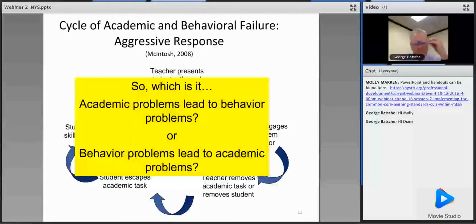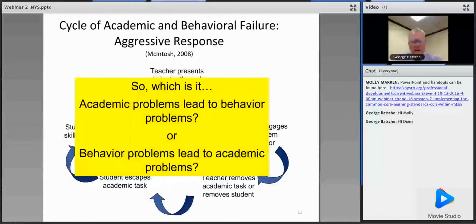If we can't hit both of them, which one will have the best effect on the other? And what she found was for elementary, attacking the academic problem first significantly reduced the behavior problem. Now, of course, it's ideal to do both, but engaging students in the academics reduces the behavior problem.